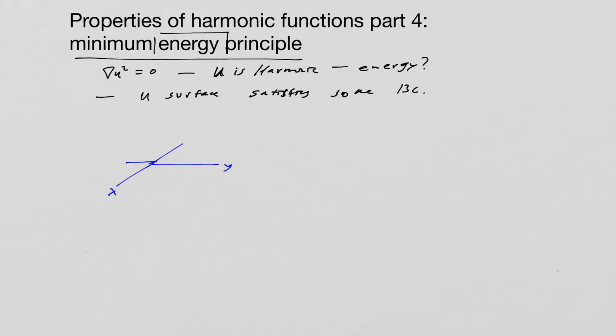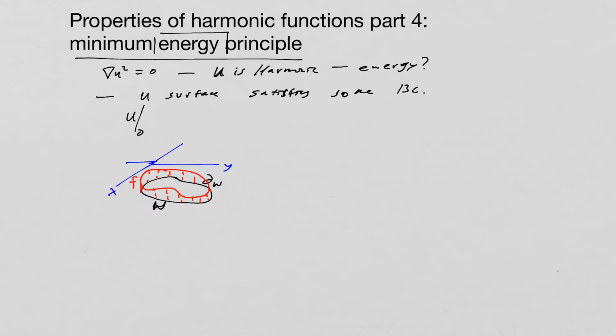here's our axes, and we have some set W sitting here, and it has some boundary, partial W, like that. There's some boundary function that goes around like that, and I'm sure you've seen me write this picture many times now.